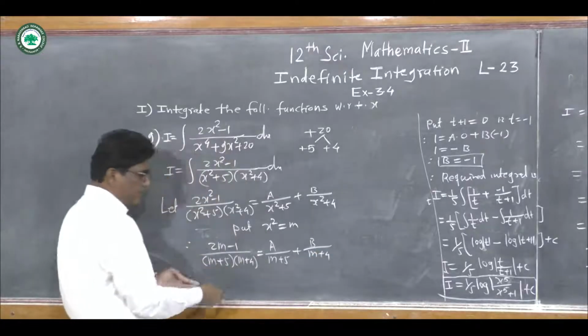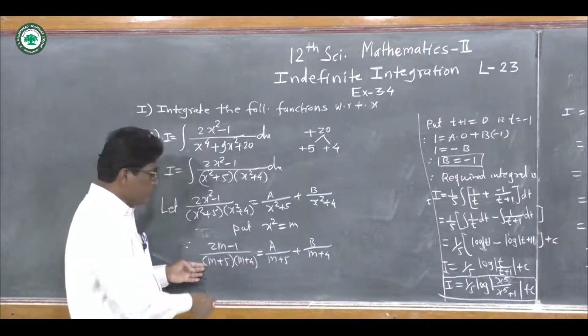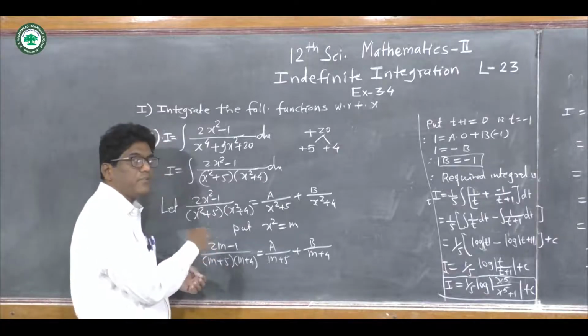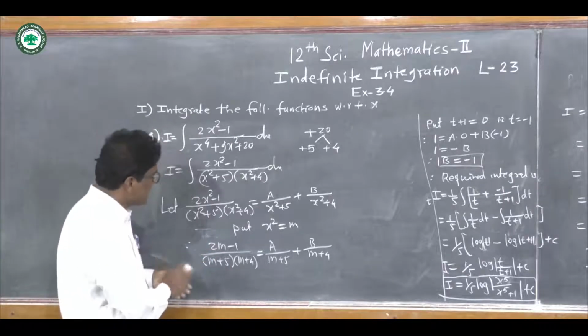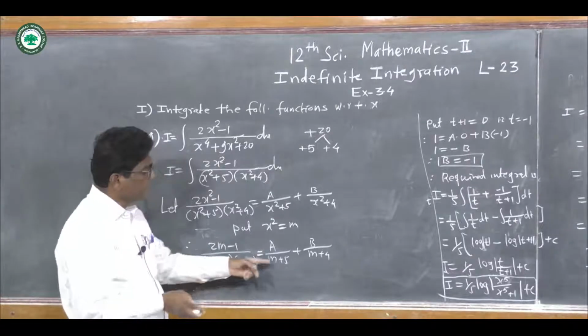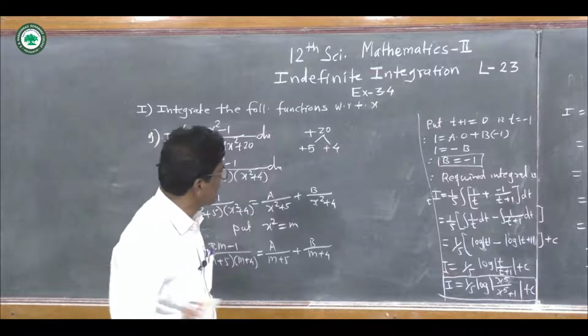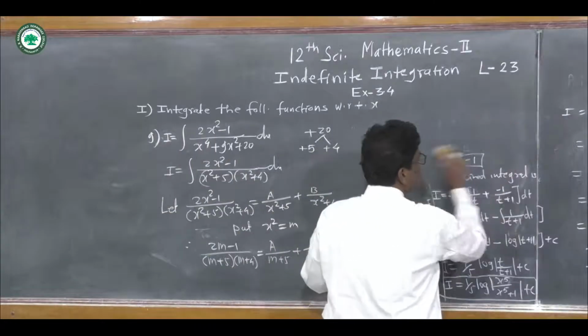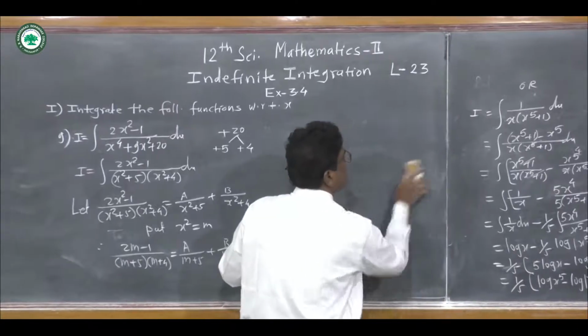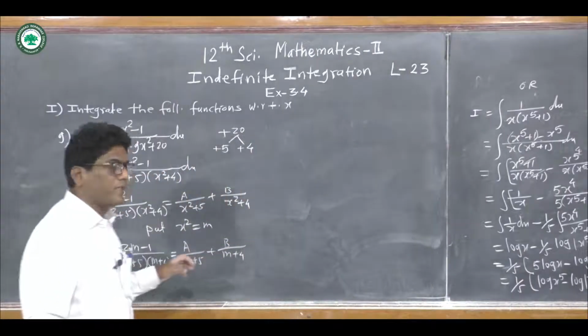Now here, in the denominator there are two factors and now they become linear factors in the variable m. Firstly we make them linear factors, and now put the first factor, m plus 5, equal to 0 to find the unknown a, and then put the second linear factor equal to 0 and find the value of b.